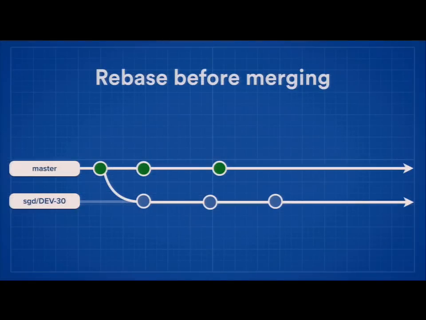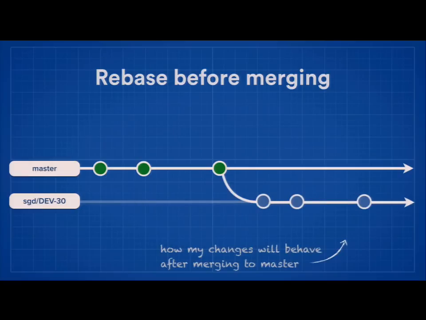The first is to rebase your development branch during development. For the 5 of you who aren't working with Git yet, with rebase you basically reset the commit of origin for your branch, and then Git replays all the changes from your branch on top of that. So in animated form, it looks kind of like that.